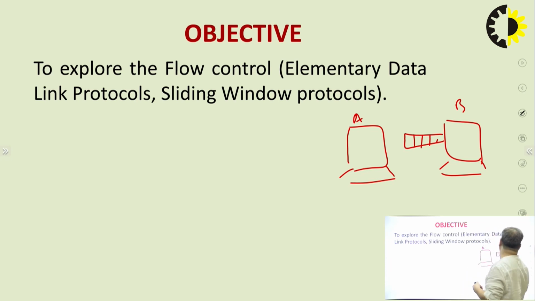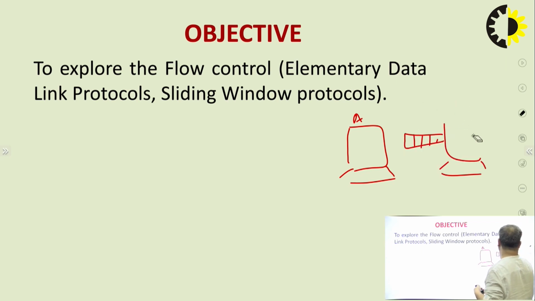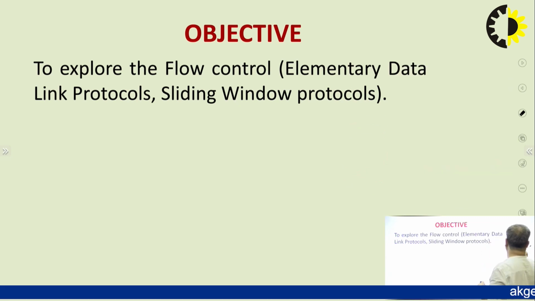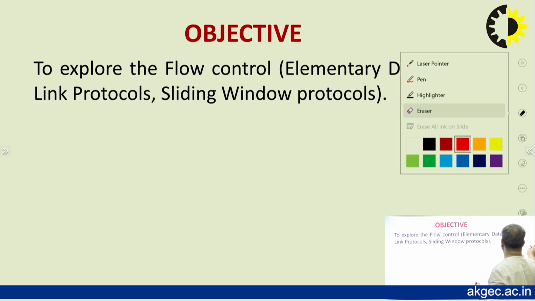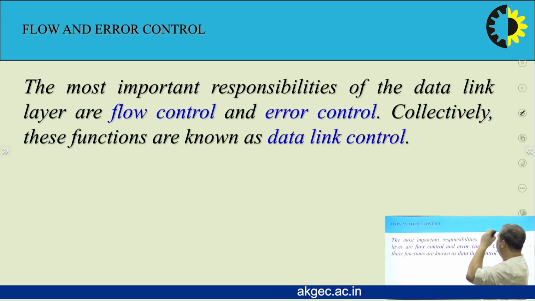So how will we overcome this? The techniques used to control the flow of data are mainly the stop and wait protocol and the sliding window protocol. Let's discuss flow and error control.